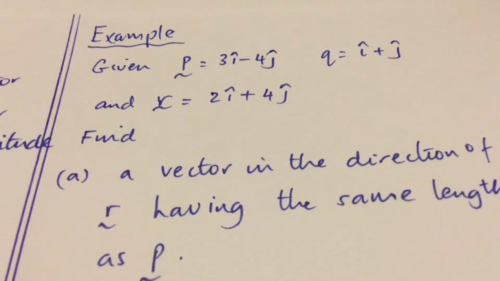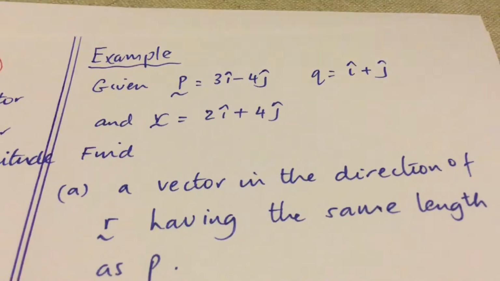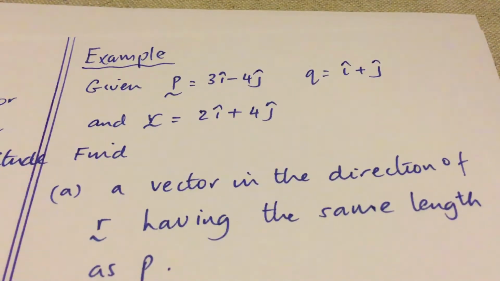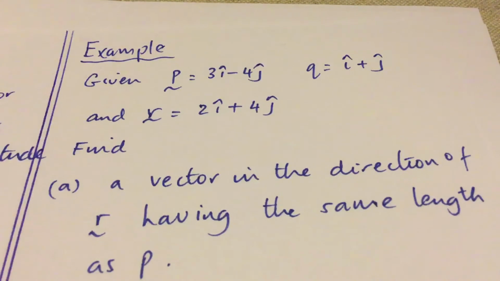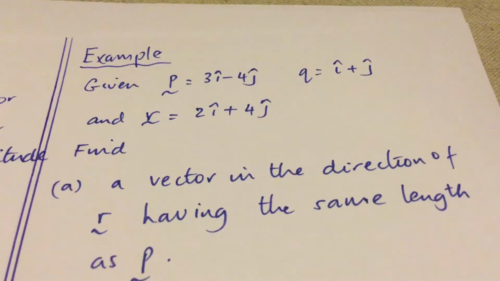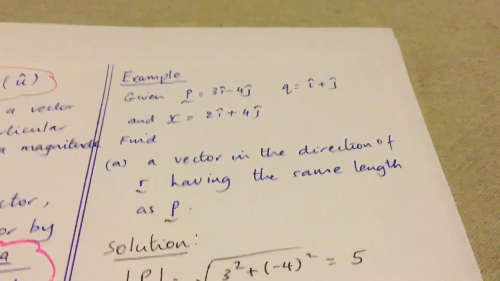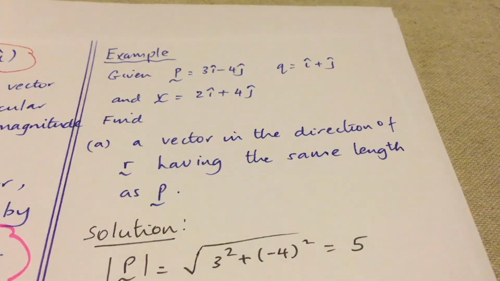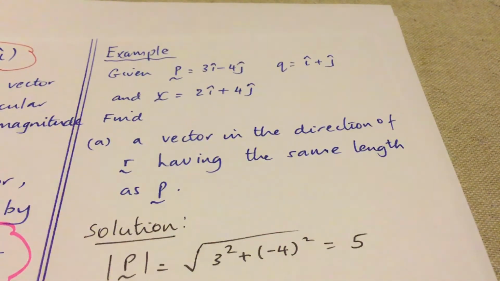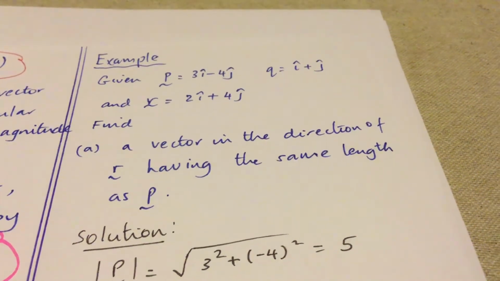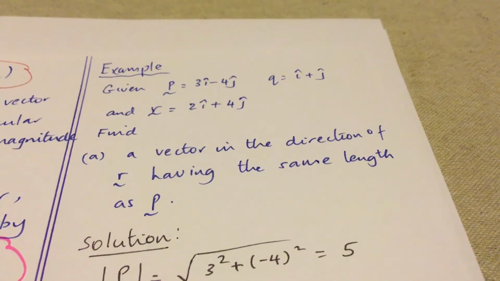we're given that vector p is 3i take 4j, vector q is i plus j, and vector r is 2i plus 4j. And first question, we have to find a vector in the direction of r having the same length as vector p. So there's two things that we have to bear in mind here.